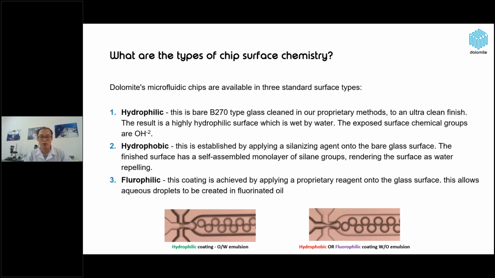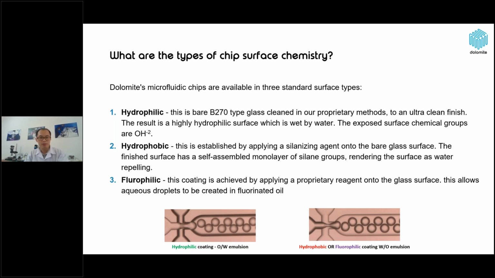The exposed surface chemical groups are hydroxide groups. With the hydrophilic chip, you use water for the continuous phase, so it's wet property improves drop formation in water suspension emulsions.